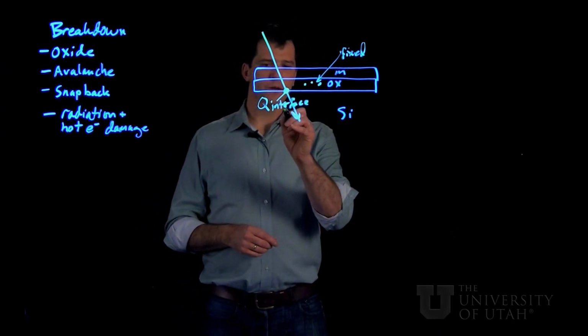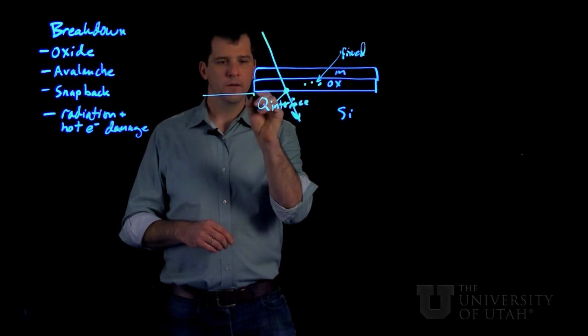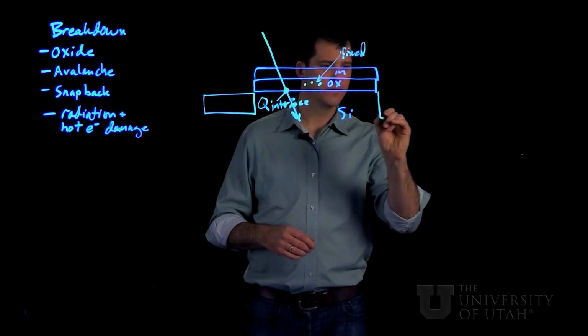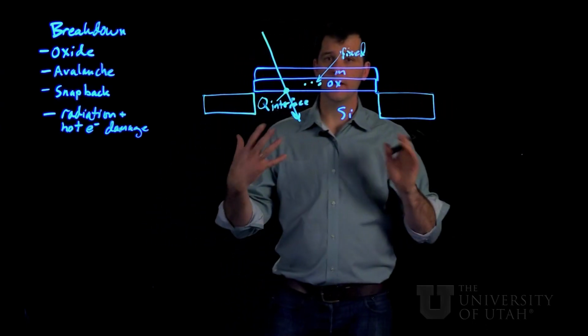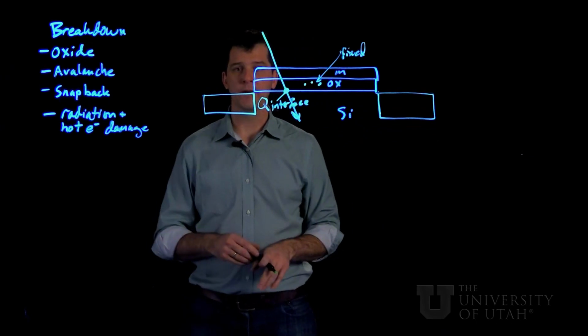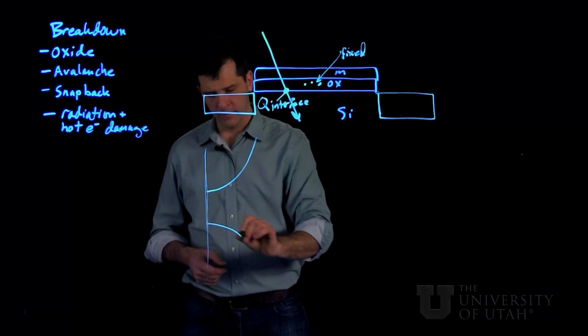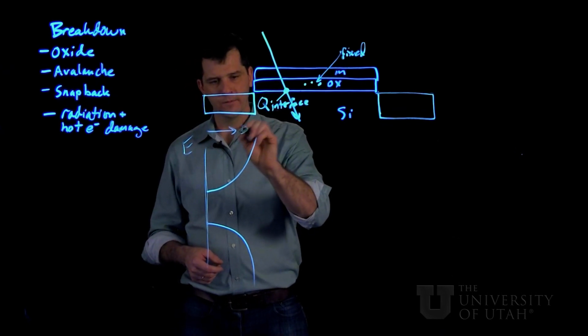Now, this interface charge can also be made or produced by high energy electrons injected into the channel, so-called hot electrons. So first, let's define what hot means. I'll go back to our density of states for a moment. So here's our energy, density of states.